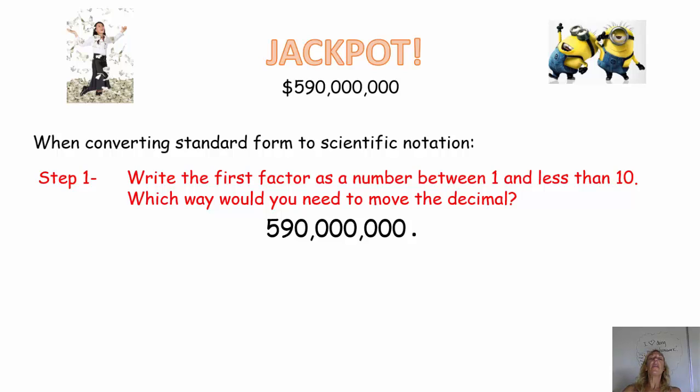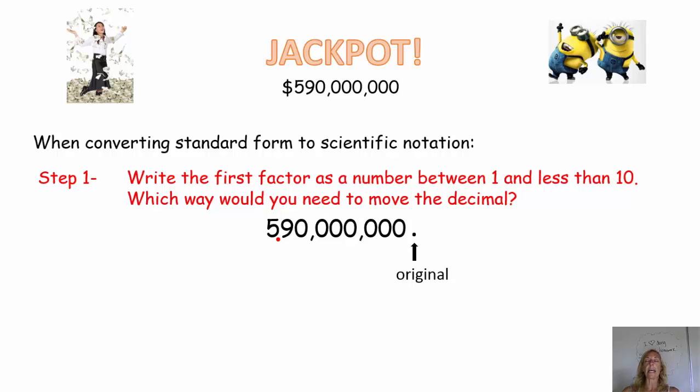So now we're going to have to move that decimal point to make sure our first factor is between 1 and less than 10. Here's our original decimal point. Ooh, look at our red decimal point. Notice it is between the 5 and the 9.